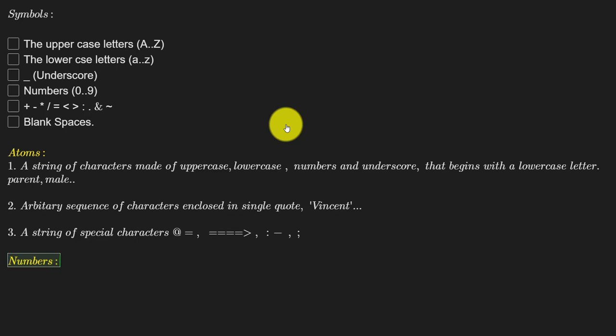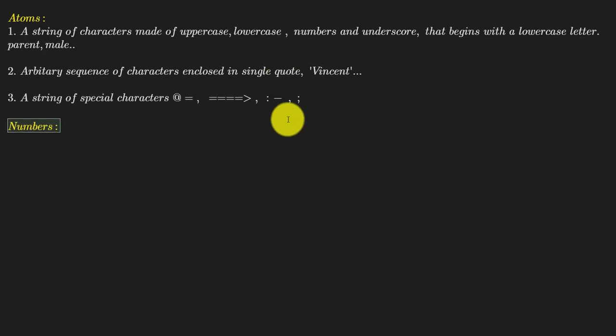Let me go down a bit over here. Numbers are generally not much used in Prolog. But there are places where we use numbers, like when we define a list in Prolog. At that time we use list indexes, so we use integers like minus 2, minus 1, 0, 1, 2, 3.